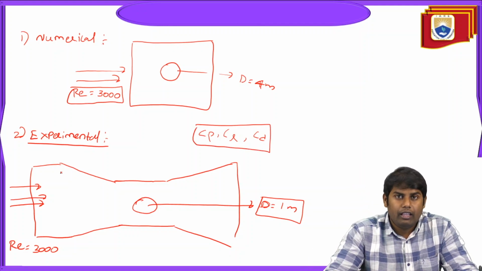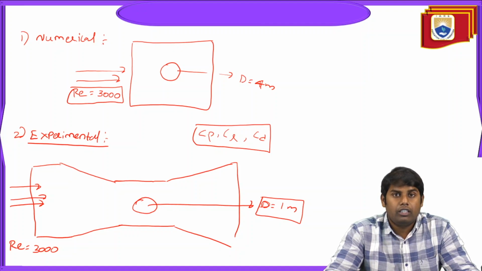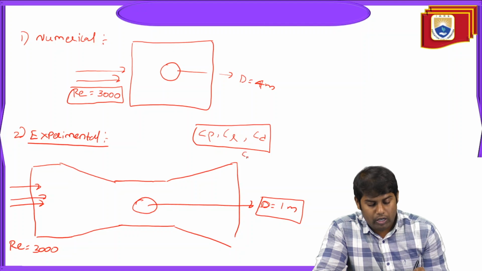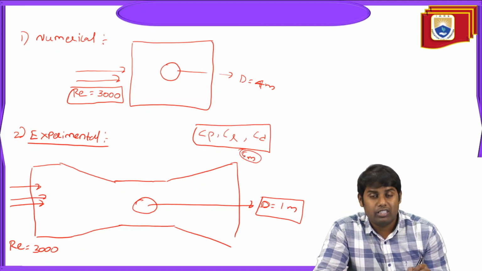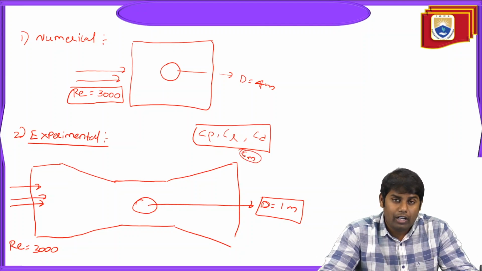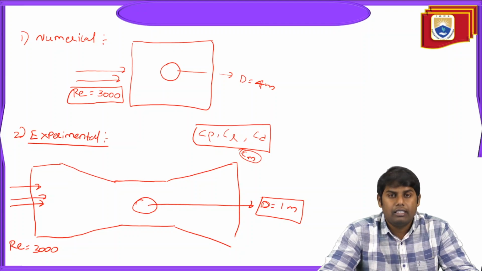Basically the Buckingham Pi theorem states that if the geometries have the same shape and the dimensions are different, and if the flow has the same Reynolds number, then the values of CP, CL, CD, and additionally the coefficient of pitching moment, CM, the force coefficients and the moment coefficient values will be the same.